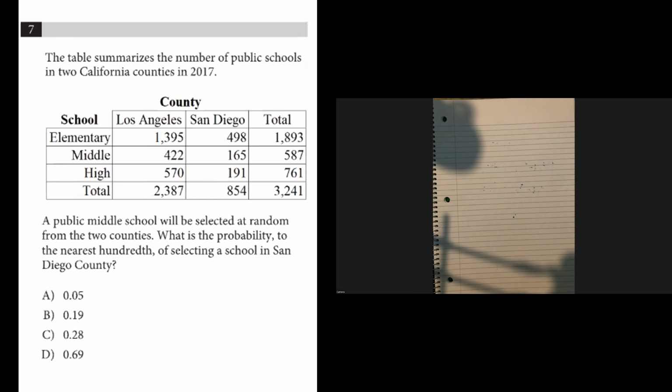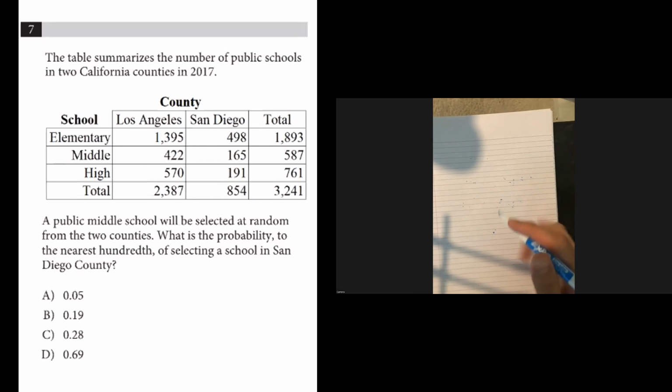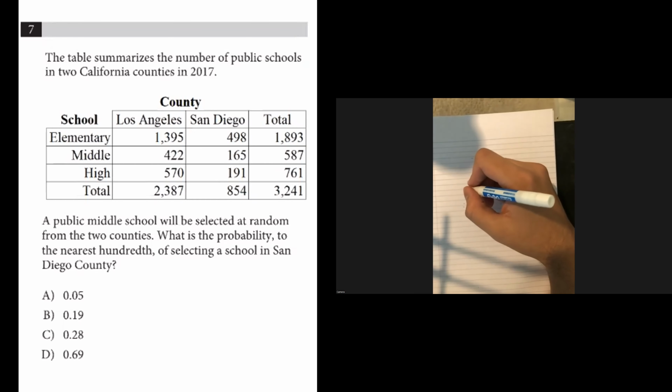So the last sentence is, what is the probability to the nearest 100th of selecting a school in San Diego County? It says a public middle school will be selected at random from the 2 counties. So we don't care about elementary and high school. We only care about middle schools.